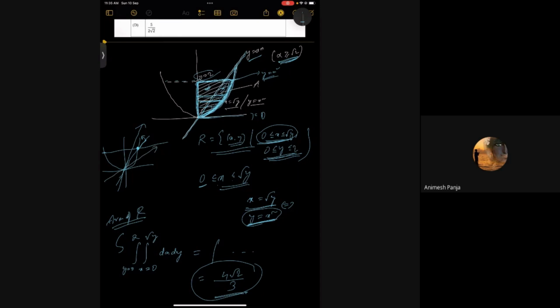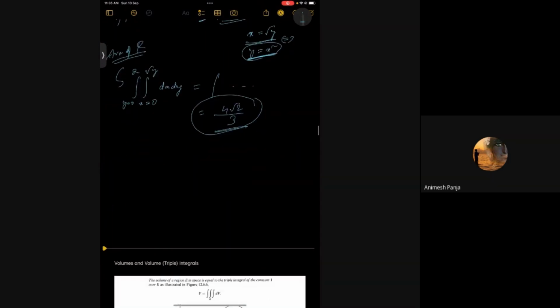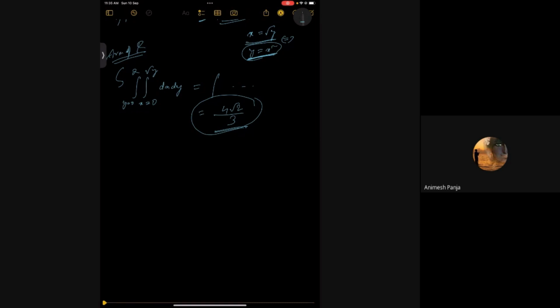Is it clear? Because of our restriction here, alpha is greater than or equal to root 2. Is it clear, guys, what I'm trying to explain? Okay, I'll explain again. This is our region R. There's one point here, right?